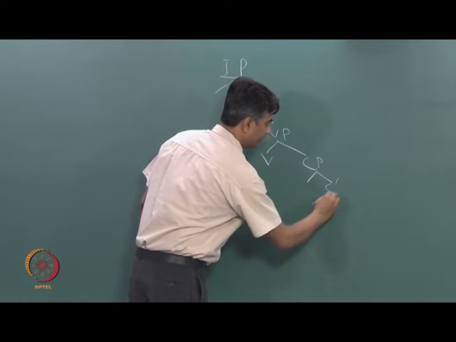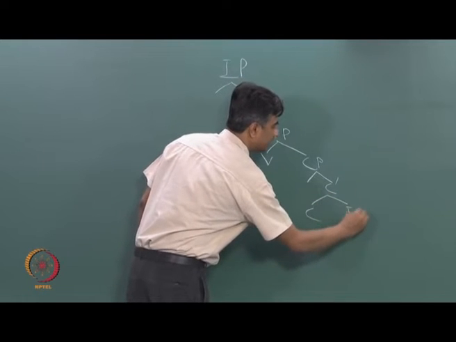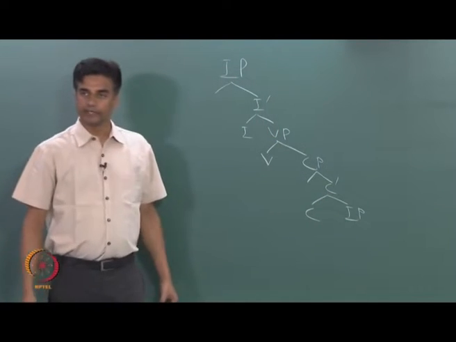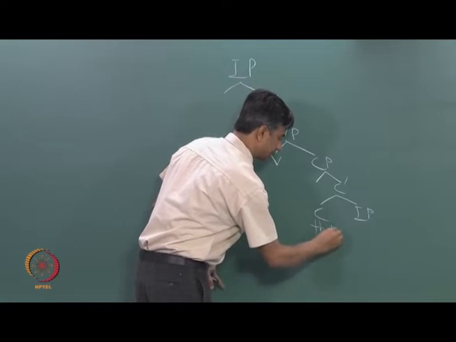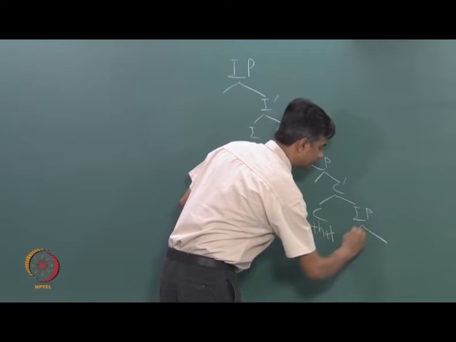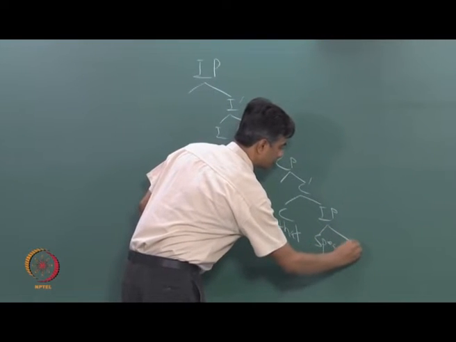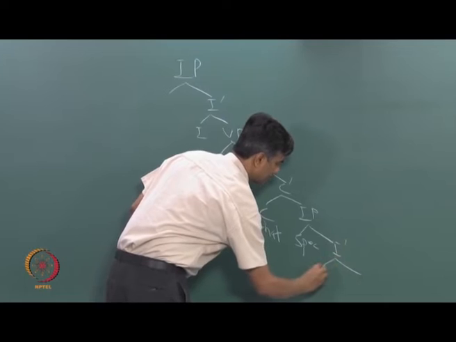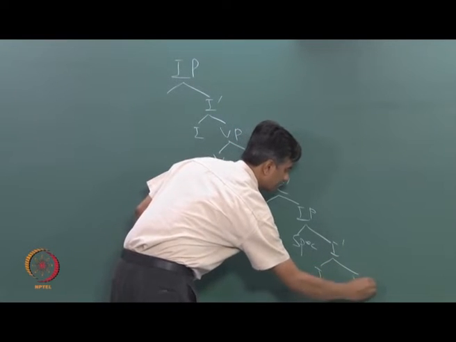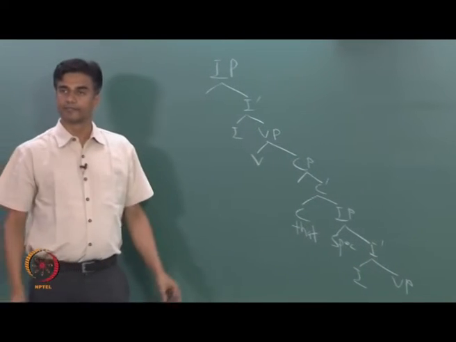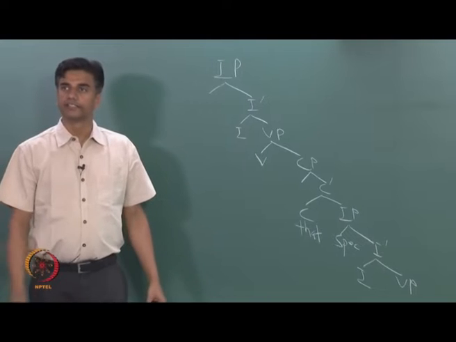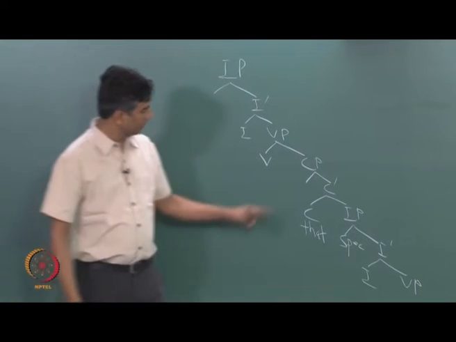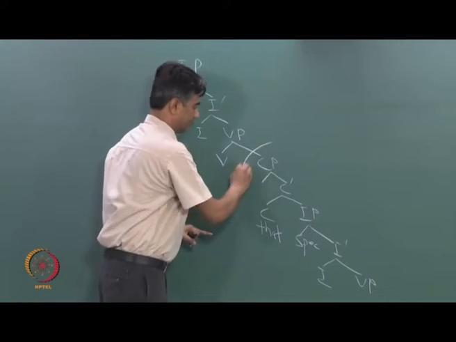So we have a C bar, C, and then an IP. Right? Here we have our that. And this is the structure that we are dealing with. This is what we have on the screen, right? I'm talking about, in particular, this CP.